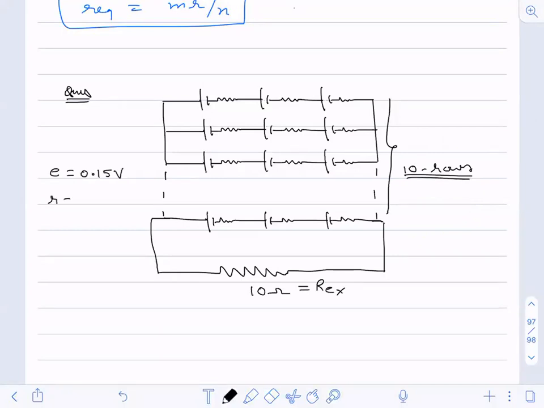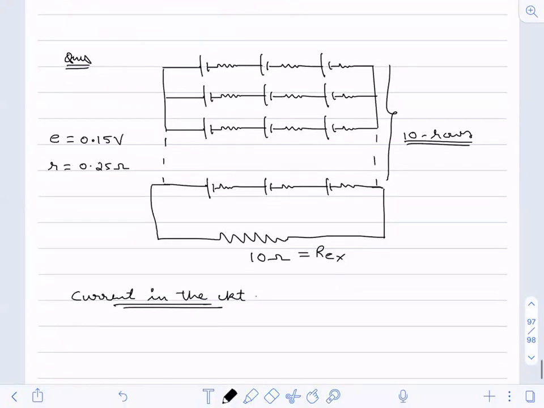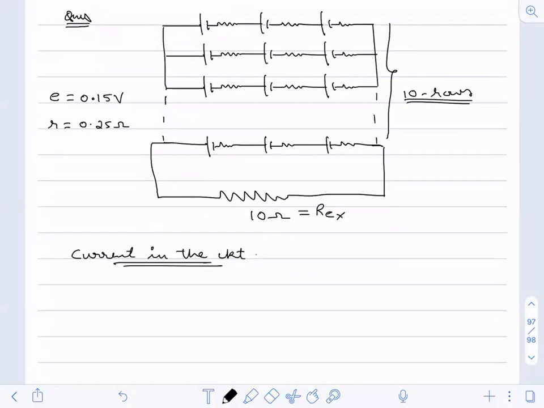Each resistance is 0.25 ohms. You have to find out the current in the circuit. Just see the question, try to understand the question, and then we will be solving it.